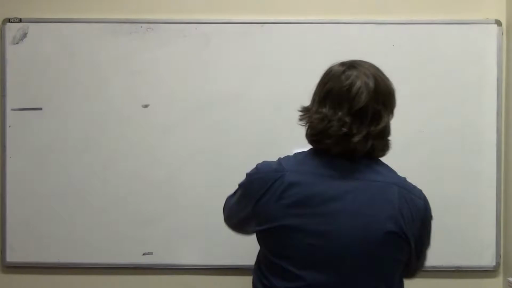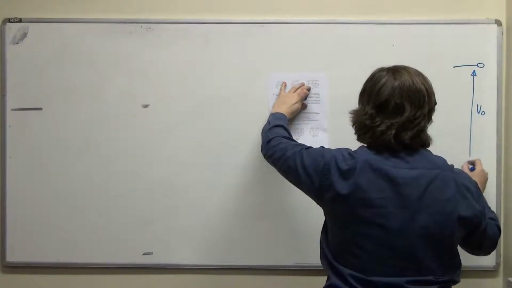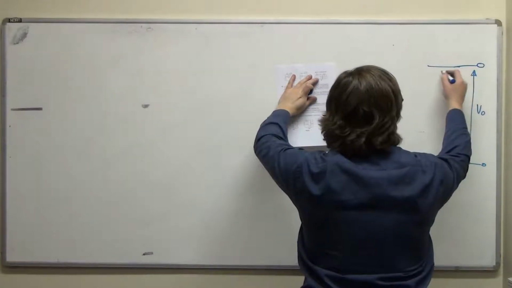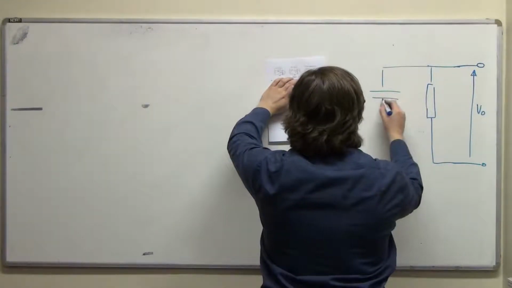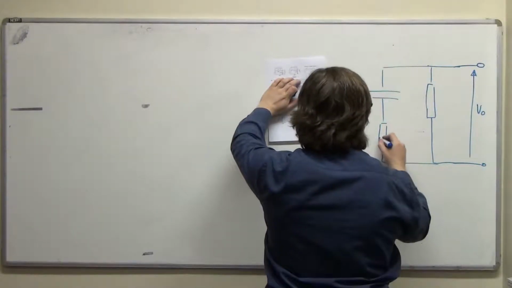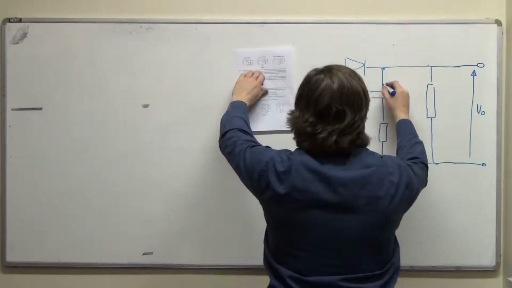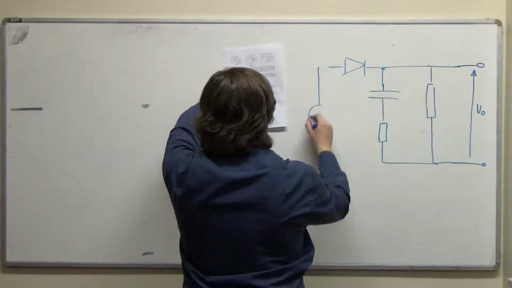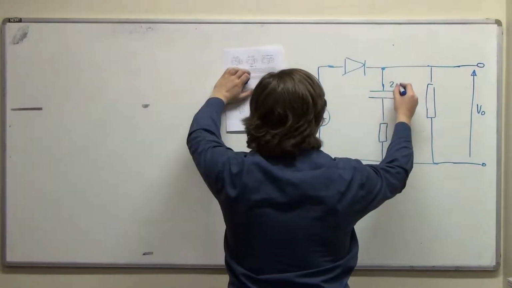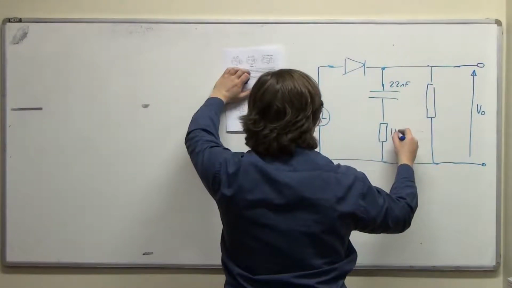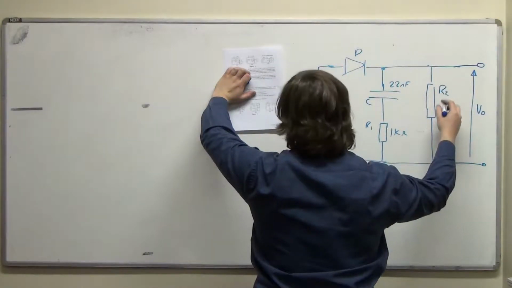So figure 7a looks like this. And we've got 22 nanofarads here, 1 kilo ohm, whole one, let's see, that's D, this is R2, and it's 1K as well.